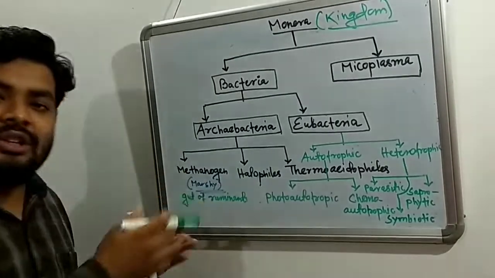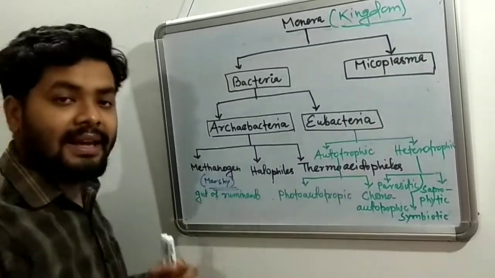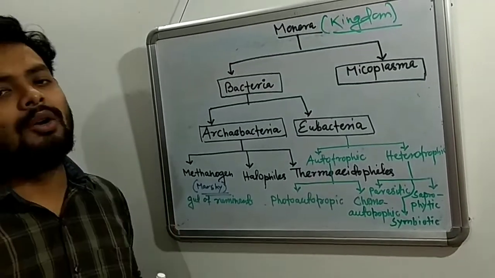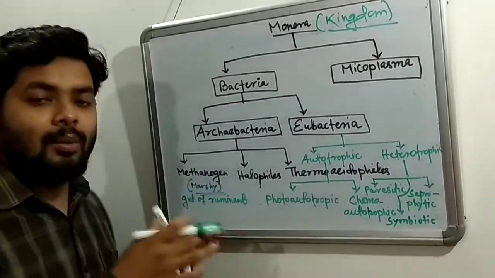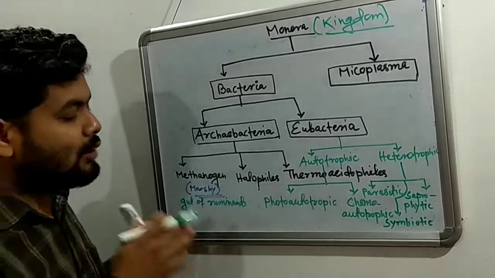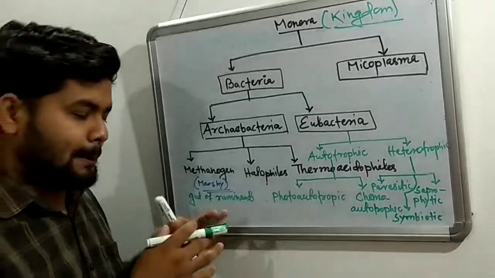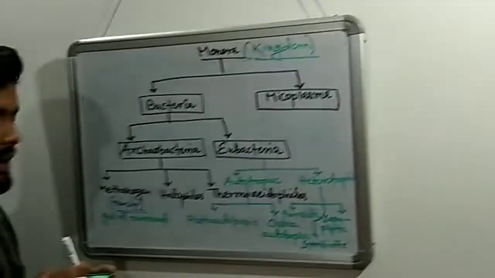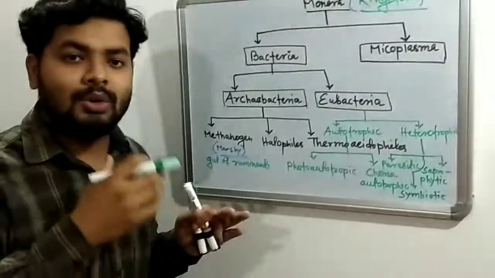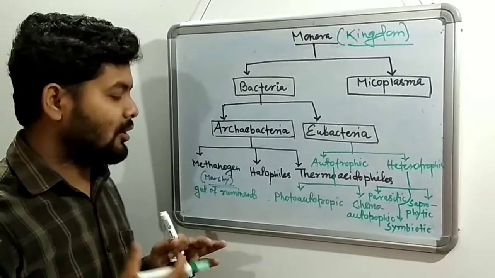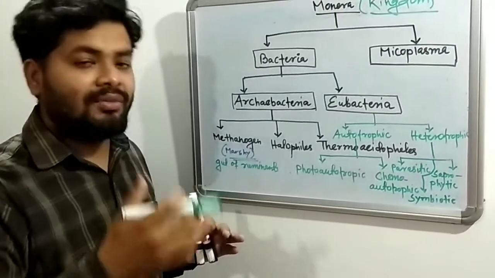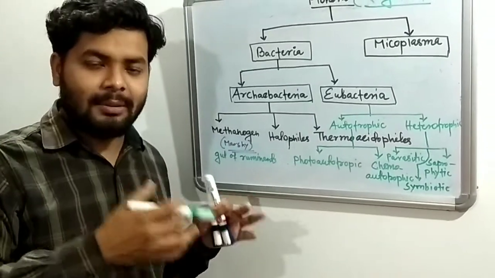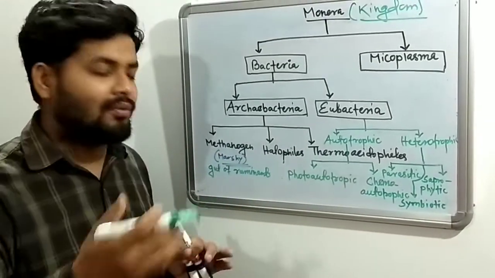So the methanogens also do the same thing, and as they live in the gut of ruminant animals, they break down the excretory products of the ruminants and convert them into methane gas. So in the biogas plant, often these bacteria are found.